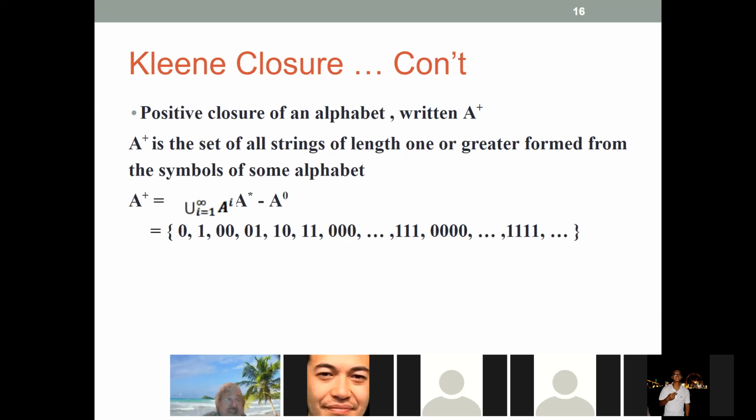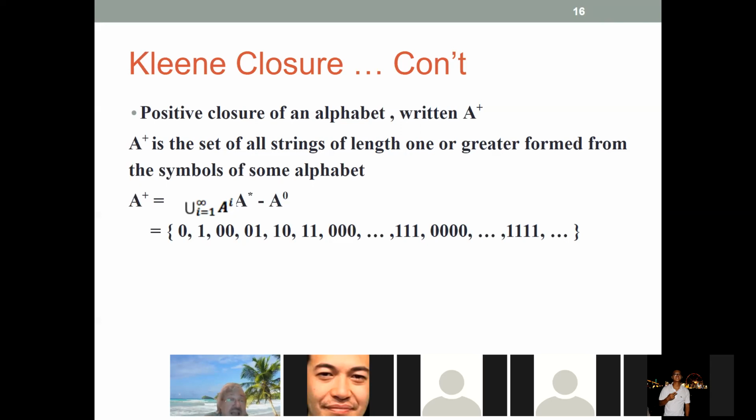So A plus, the positive closure of the binary alphabet, you see it written on the bottom. 0, 1, all strings of length 2, of course there are 4 of them, and so on. Notice the set containing the empty string is gone.